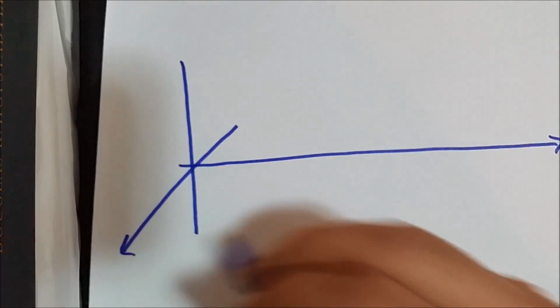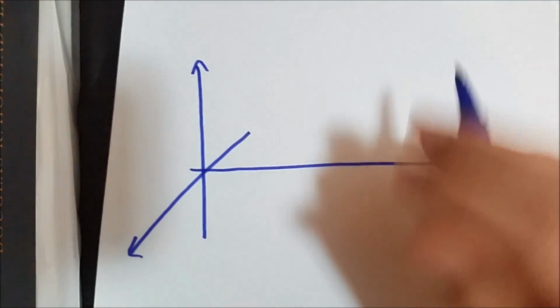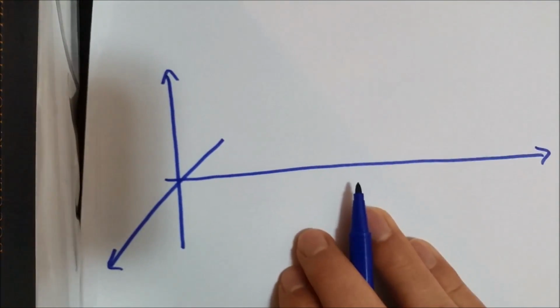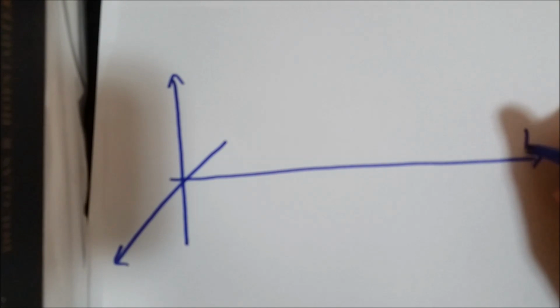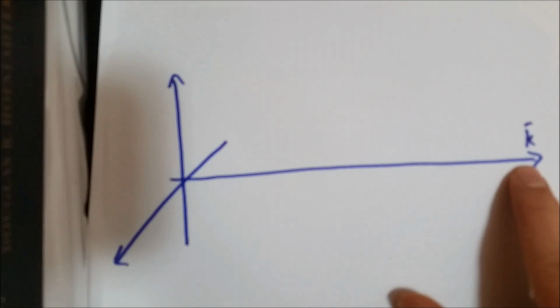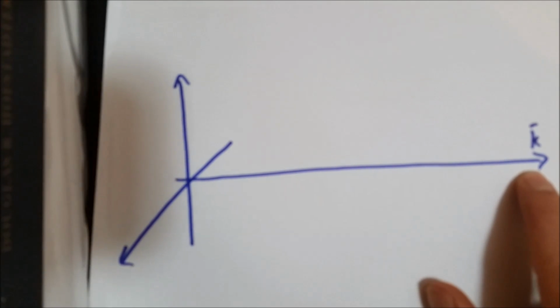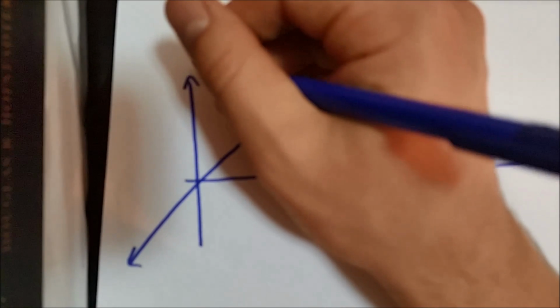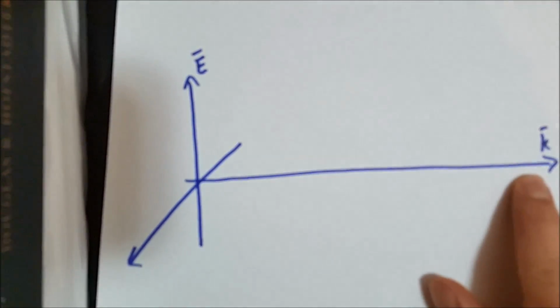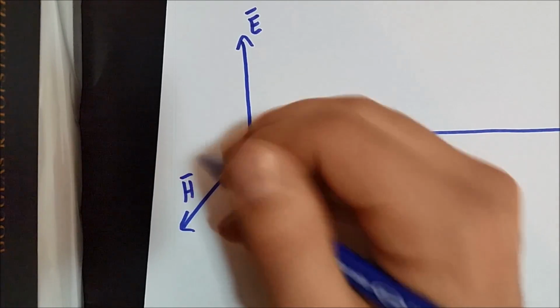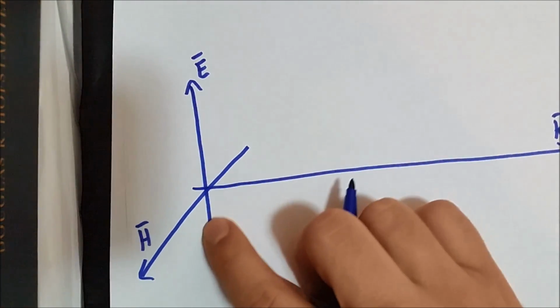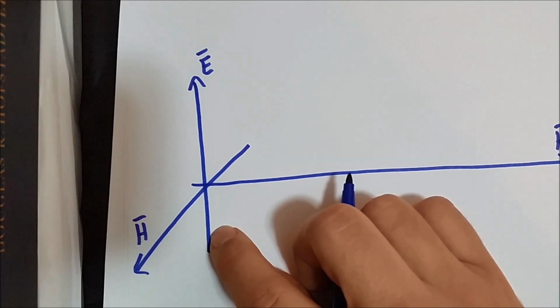So to visualize this, what I have here, there are three axes. This long axis will be the wave vector k. This is the direction that the wave vector k is pointing. We then have the electric field, which is orthogonal to k, and therefore, by the right-hand rule, we must have the magnetic field pointing in this direction.